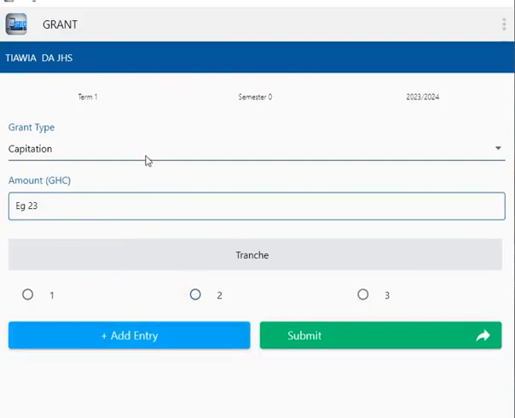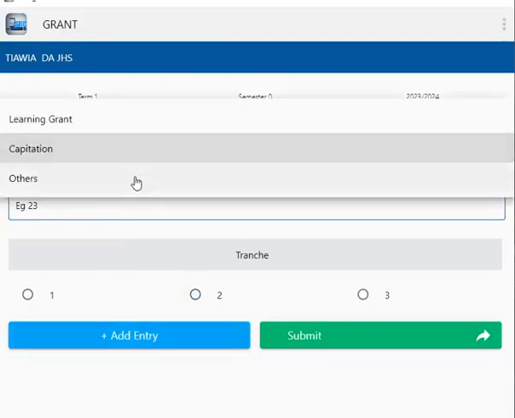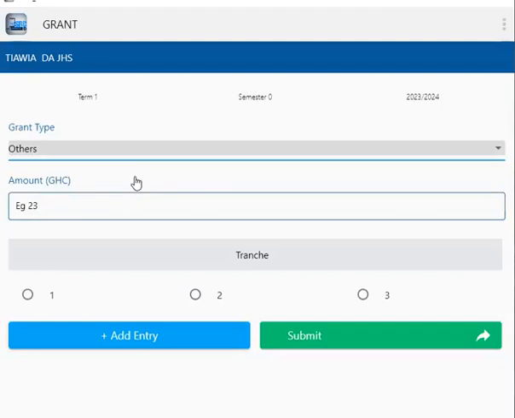Then when you are done, for others, if you receive community support money or donation, you must know this: assuming any donation in the form of material capital like cardboard, chairs, TLMs or whatever, you have to quantify them and determine the amount. So after quantifying, in addition to your market tolls, your assessment fees, your offertories and the rest, you add all of them, and that gives you the amount for others.